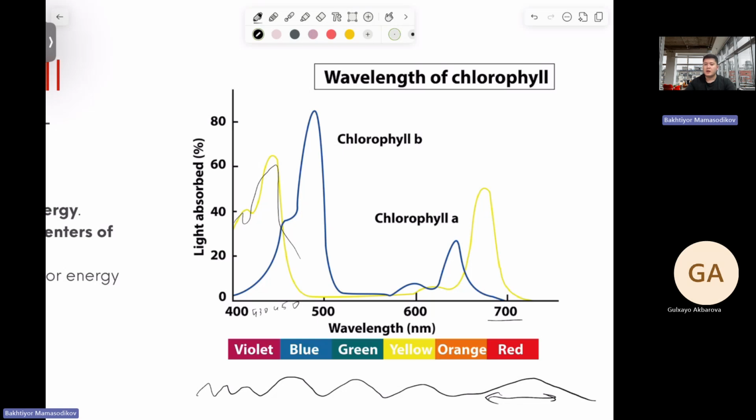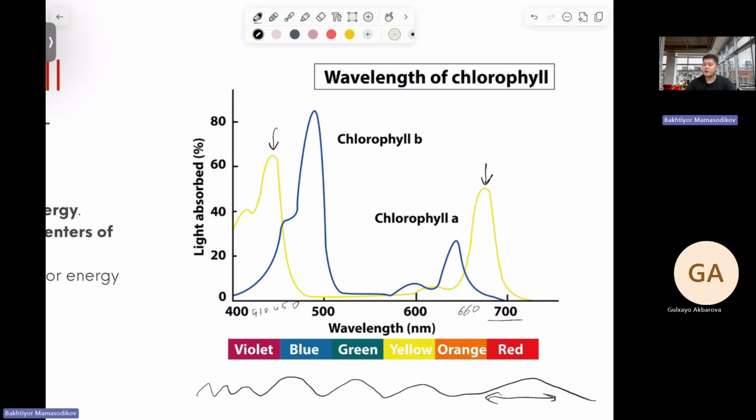This is the first peak, and the next peak is between 660 and 700 nanometers. This is another peak. This is actually the peak of chlorophyll A, the yellow in color.